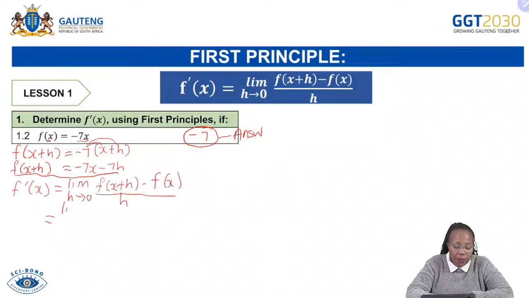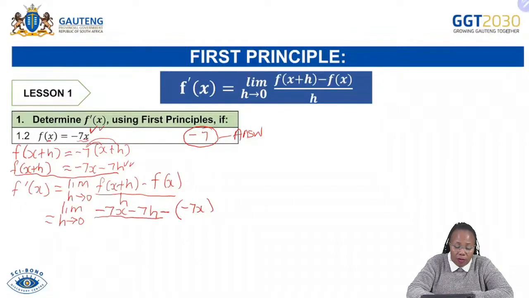And the next step, you can now substitute your f at x plus h, which is minus 7x minus 7h minus, remember the minute it's a minus and then there's a substitution, remember the bracket, f at x is minus 7x from the given there, all over h.